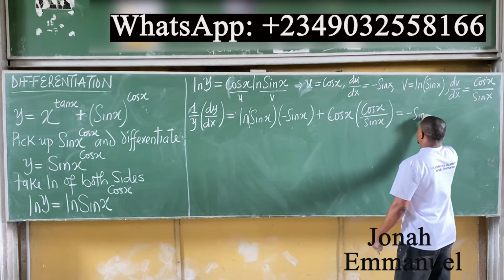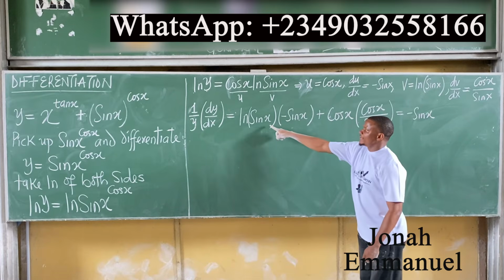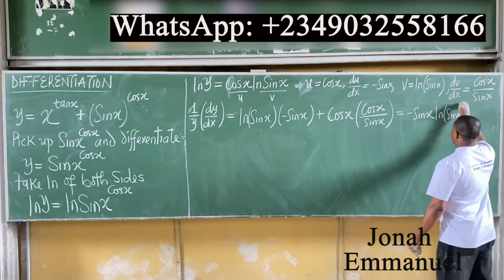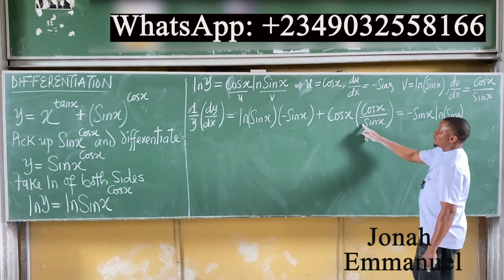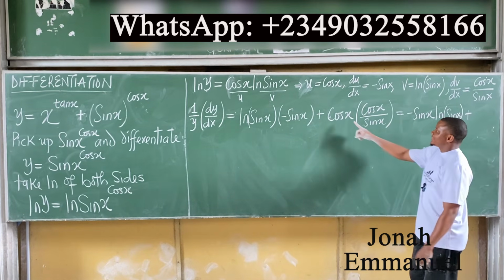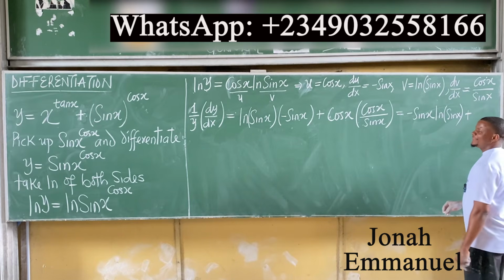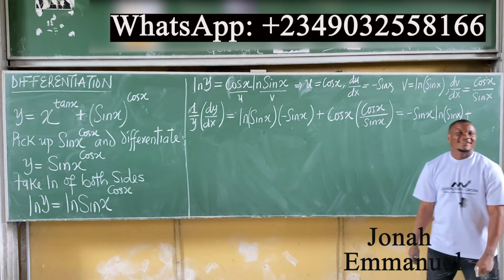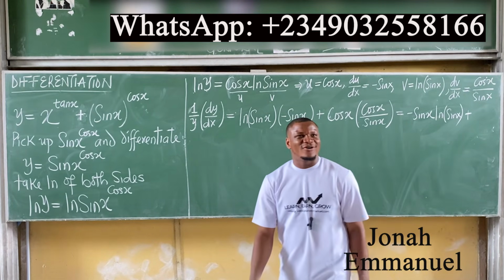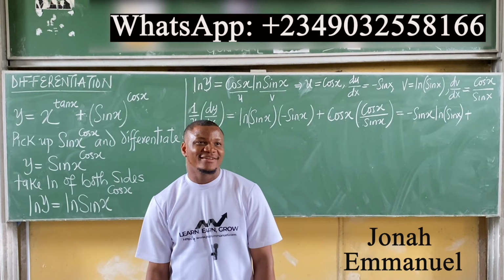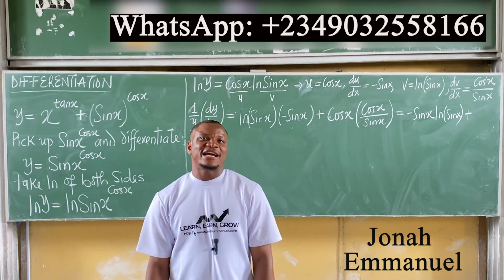Minus sine x comes first, times ln sine x, plus cos x times cos x over sine x. What do you have there? Cos x times cos x is cos squared x. If I say cos x squared, is it correct?